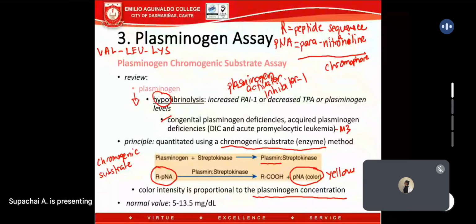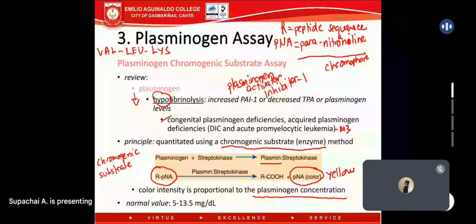Now, let's talk about the principle. The principle is about quantitative measurement of plasminogen using a chromogenic substrate enzyme method. The first thing that should come into your mind when we talk about chromogenic is there is a color change. So, the principle is when plasminogen is combined with streptokinase, there would be the so-called plasmin streptokinase complex.